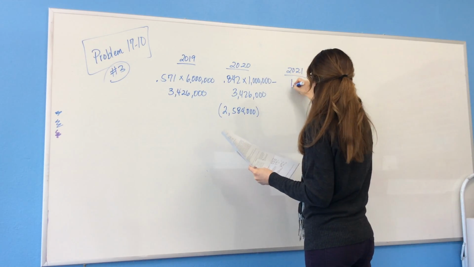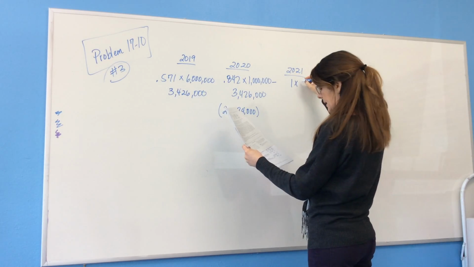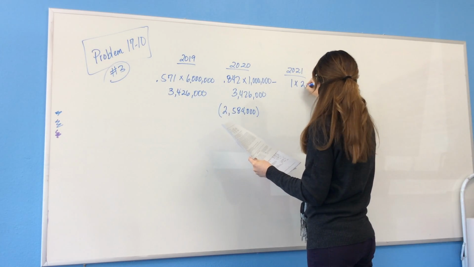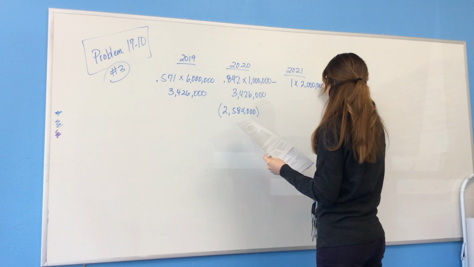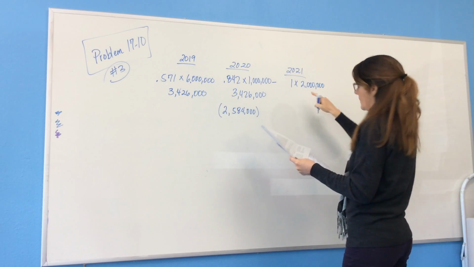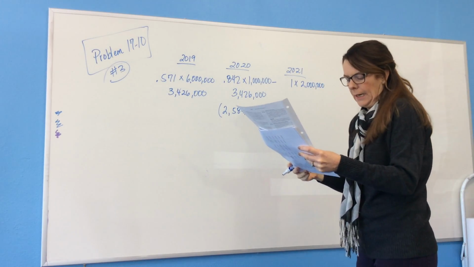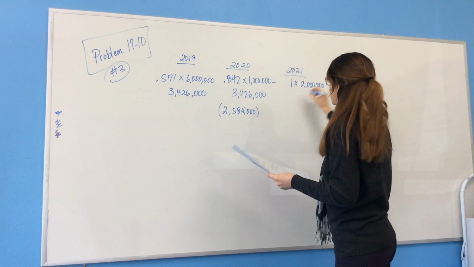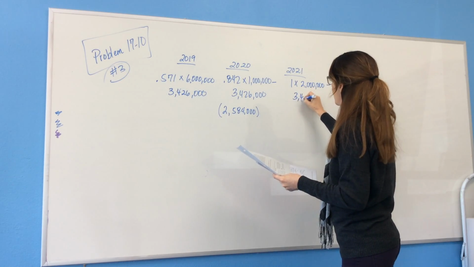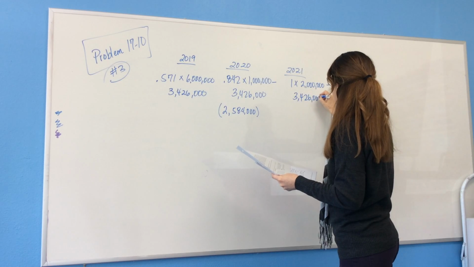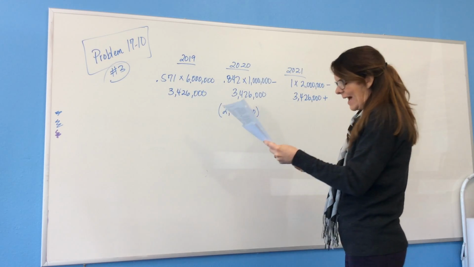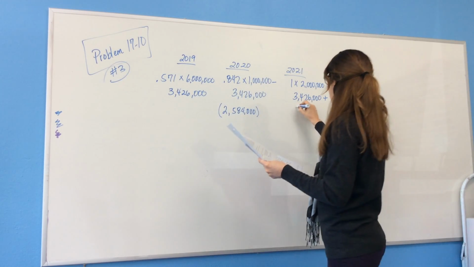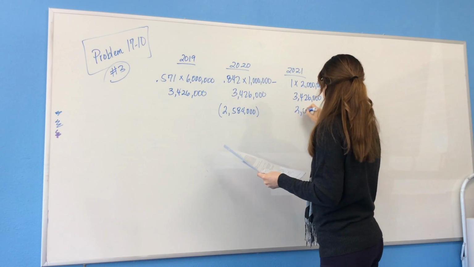And then now I'm going to go to here. So here I'm just going to take 1 or 100% of the estimated gross profit, which is $2 million. But then also I have to subtract the 3,426,000, but then I get to add the 2,584,000 that's a loss here.